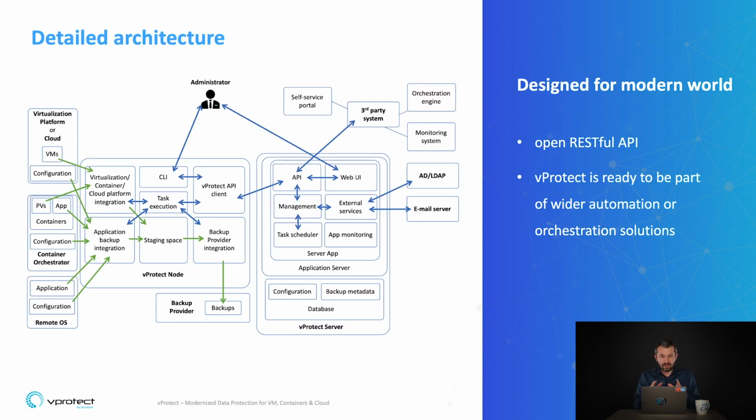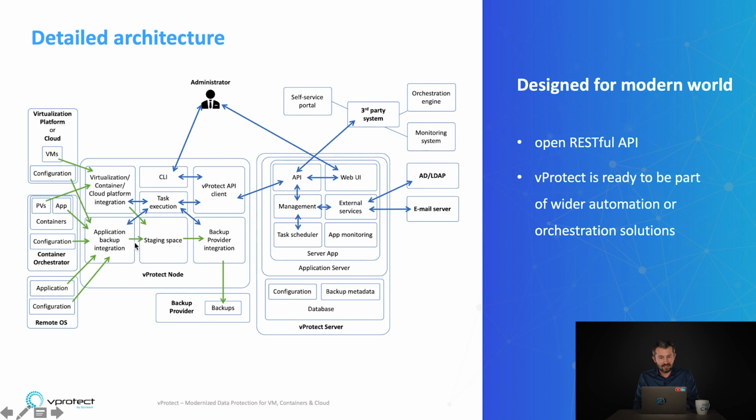But to explain what the node is responsible for and what the server does, this picture will fully describe the responsibility. So let's start with the node. The node is taking the data from the different sources. It can be VMs, so on the Nutanix it will be VMs.